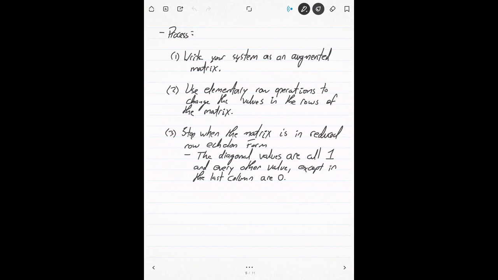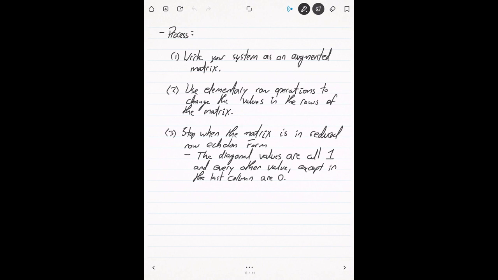There is no set-in-stone order or process for how you must use the elementary row operations. Every matrix is different, and every matrix requires you to use the rules differently. You can do any order you want. You might do some methods that are longer than other methods, but as long as you get to the final process, you're good.